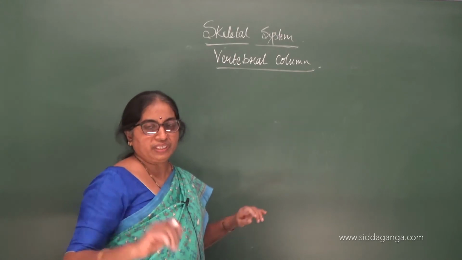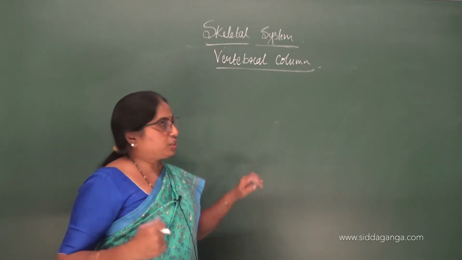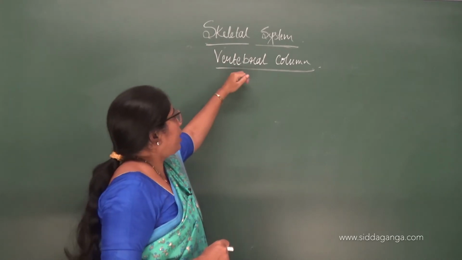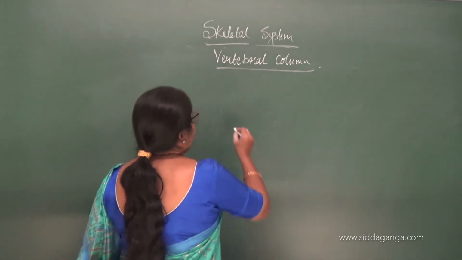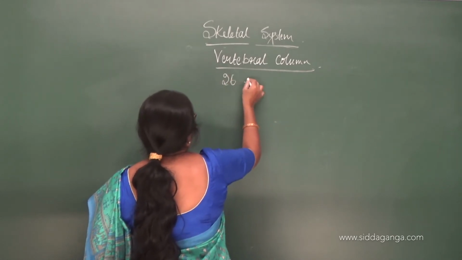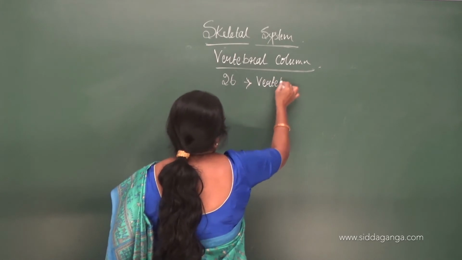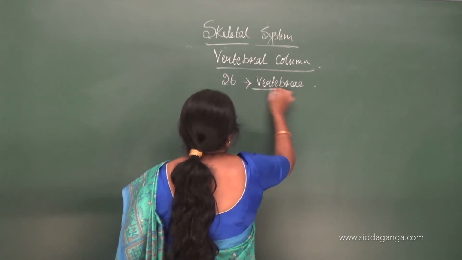So starting from the neck portion which ends towards the seat position of the trunk, there are nearly 26 tiny bones, and each of them is called a vertebra.